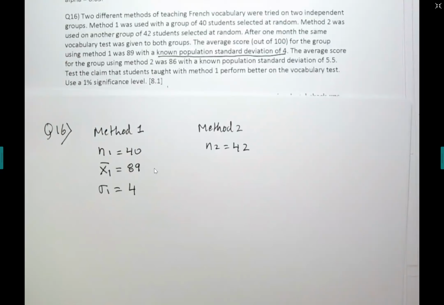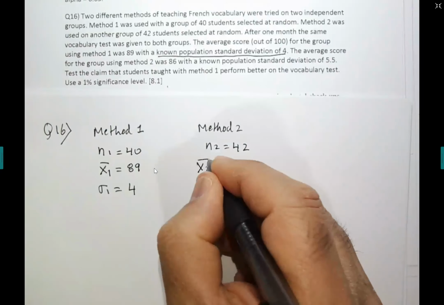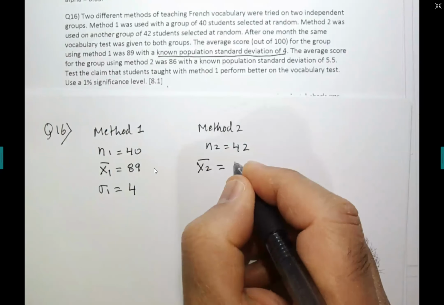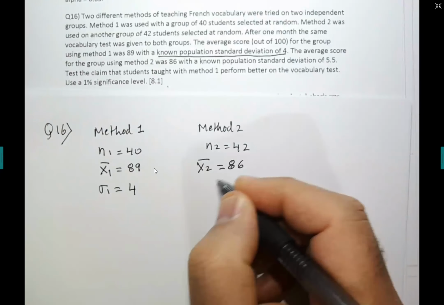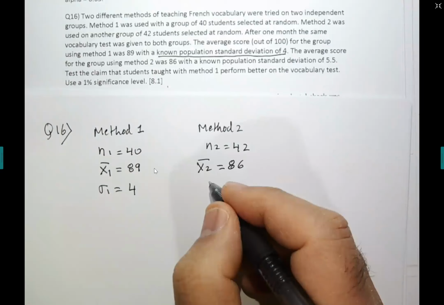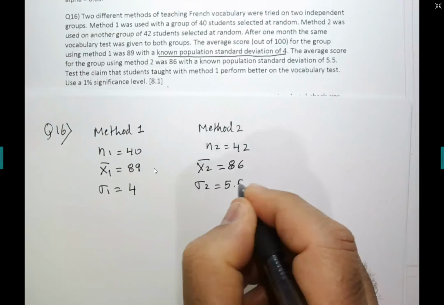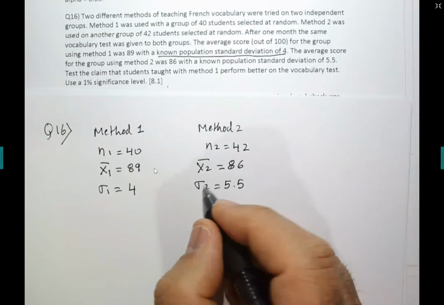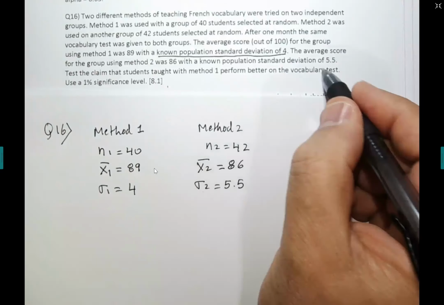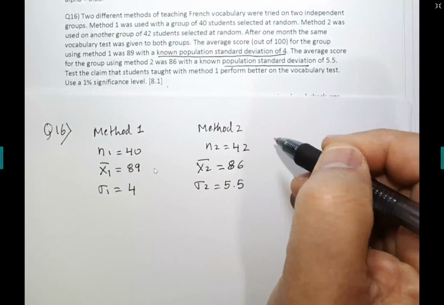The average score for the group using method 2, X2 bar, was 86, with a known population standard deviation of 5.5. So again, guys, this is sigma. Look, it says population standard deviation.